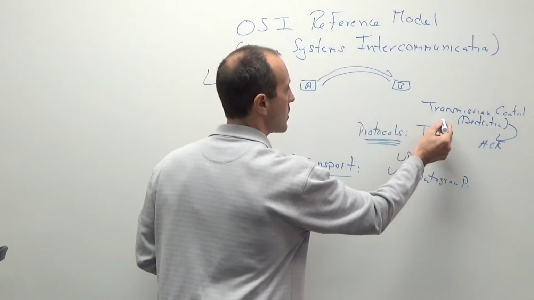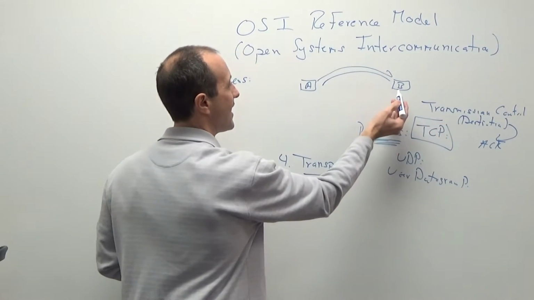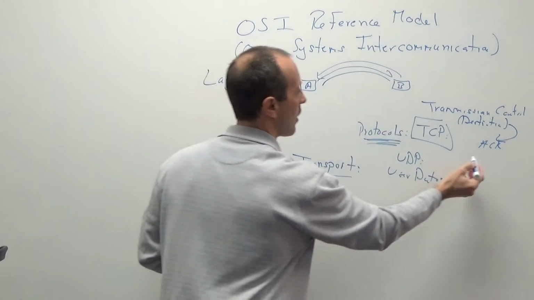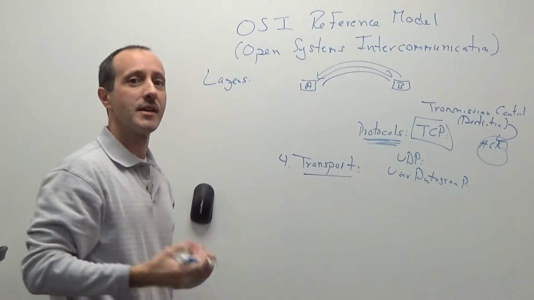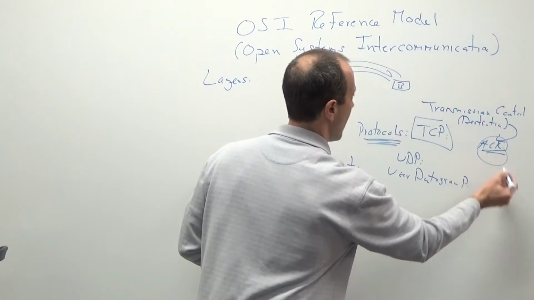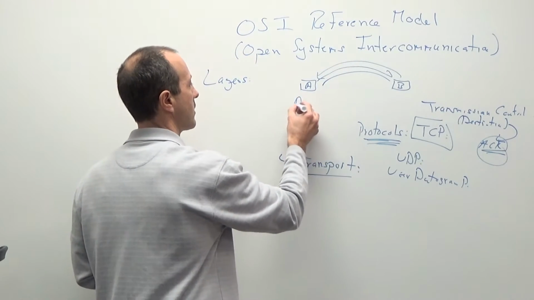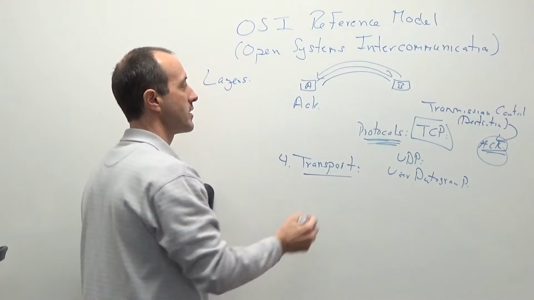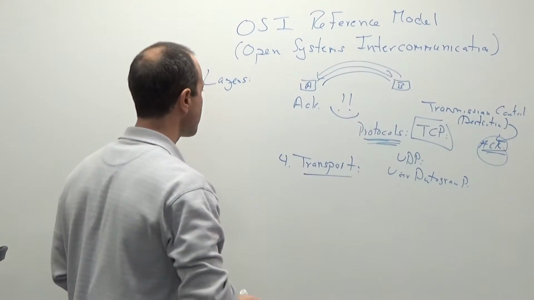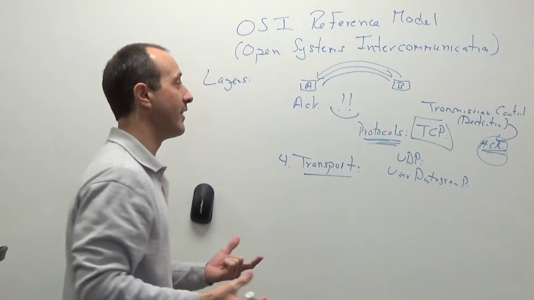Well, using transmission control protocol, device B sends back what we call an acknowledgement. Say, hey, I got it. It's called an ACK. It's an ACK packet. But basically, it's an acknowledgement to say, yes, I got the information. And that's good when we're sending data.